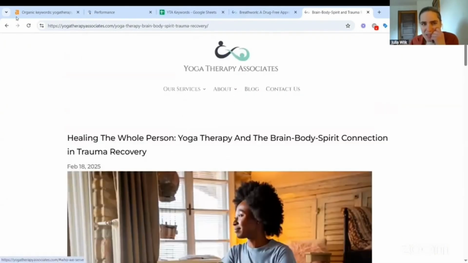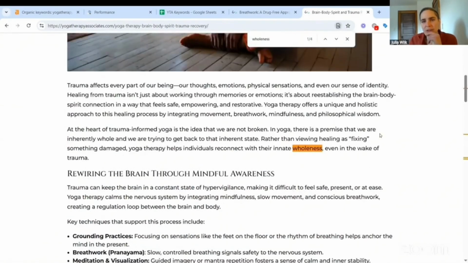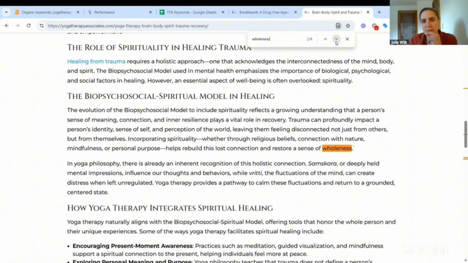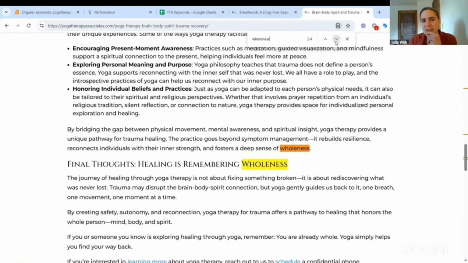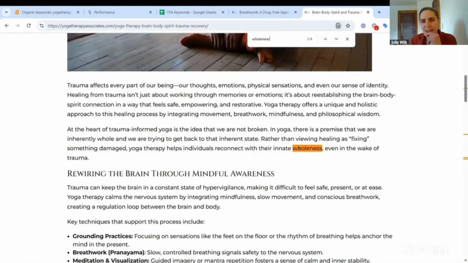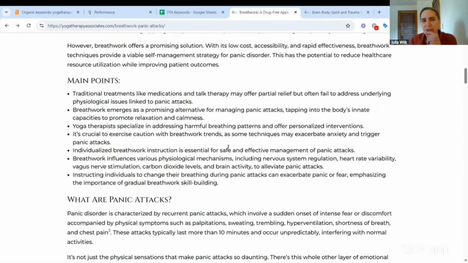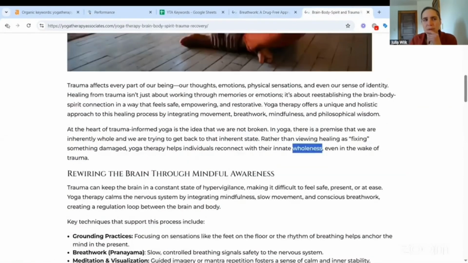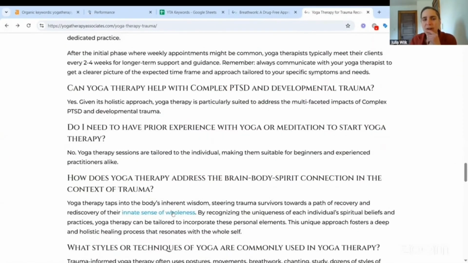But I think the anchor text of a link is important. We've got this wording wholeness, and the word innate is in this article, but I think you may be missing out by making this anchor text a phrase that's not present in the article it links to. Do you see what I mean?